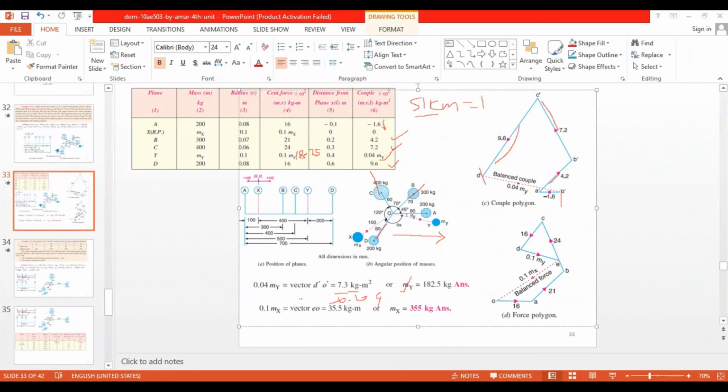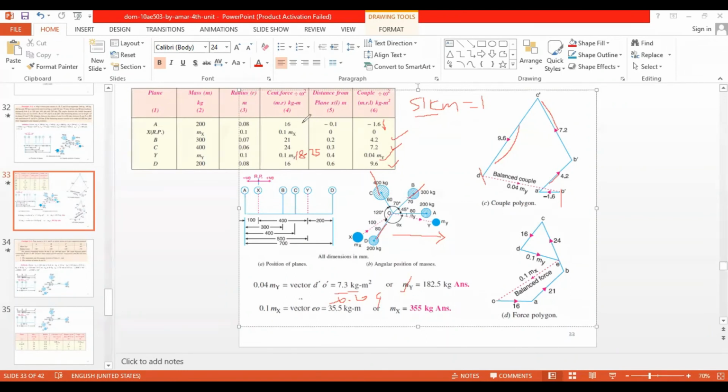So based on this, now we can draw the force polygon. We will start again from the OA. Here we don't have any negatives, so we can go along as it is. So here you see OA, that is 16.